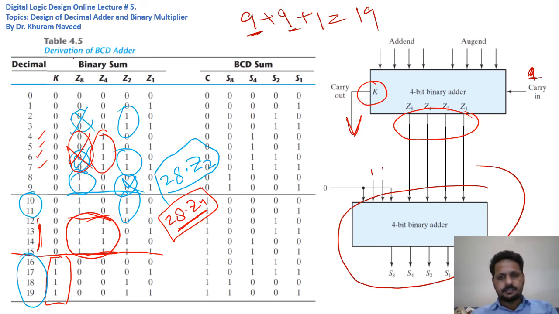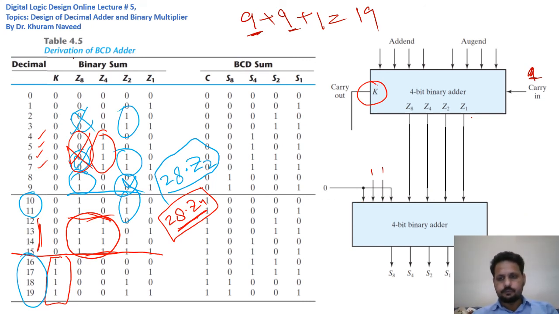So now let's make this circuit, right? Let me move the unnecessary stuff. We have this input as a possible condition, an AND gate between Z8 and Z4, and an AND gate between Z8 and Z2.